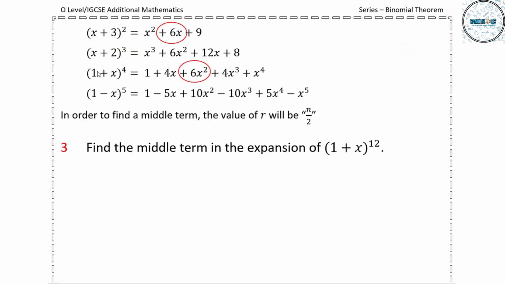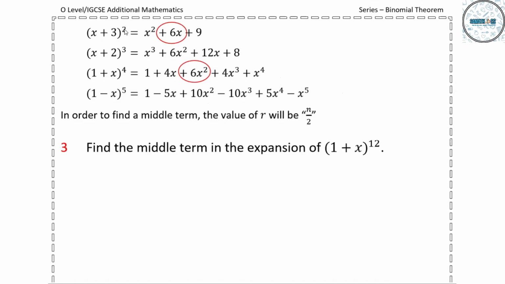Let's see some expansions. (x + 3)^2 is x^2 + 6x + 9. (x + 2)^3 is x^3 + 6x^2 + 12x + 8. (1 + x)^4 is 1 + 4x + 6x^2 + 4x^3 + x^4. And (1 - x)^5 is 1 - 5x + 10x^2 - 10x^3 + 5x^4 - x^5.